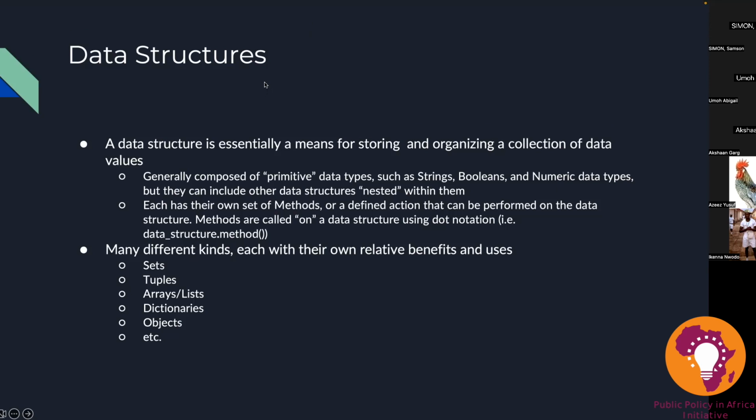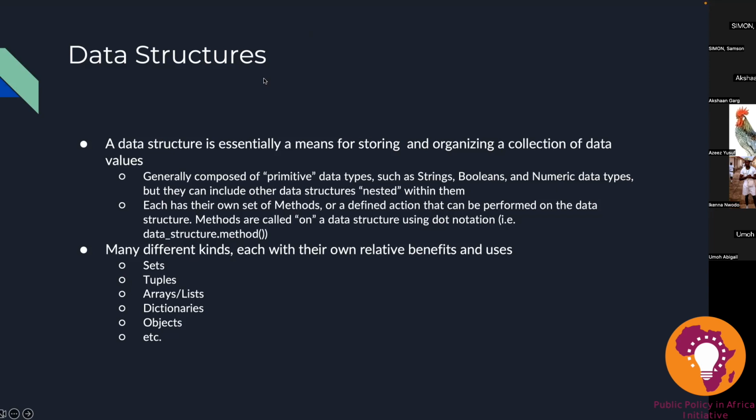Nobody? Booleans. So Booleans are a primitive data type, right? Data structures are something where there's a collection of those data types. So what are some collections that we've learned about?